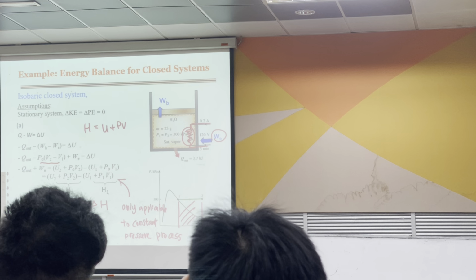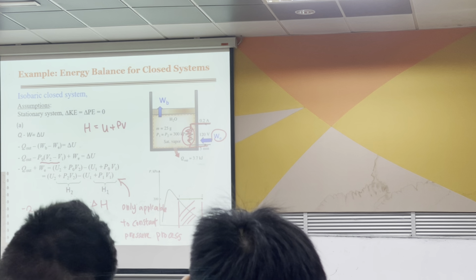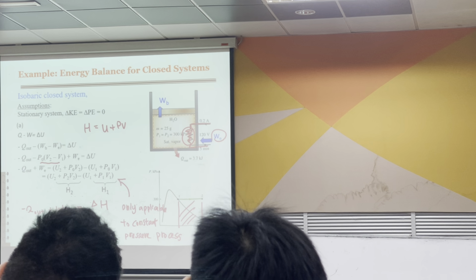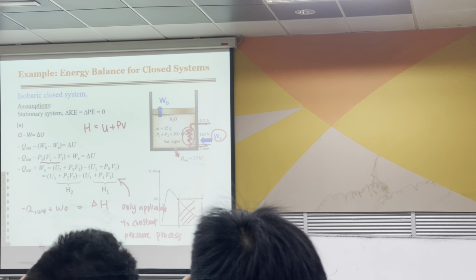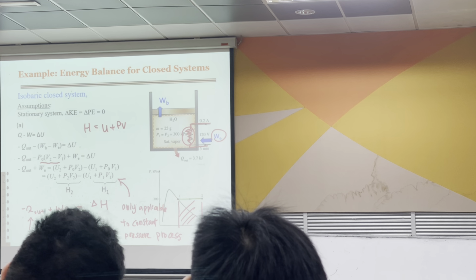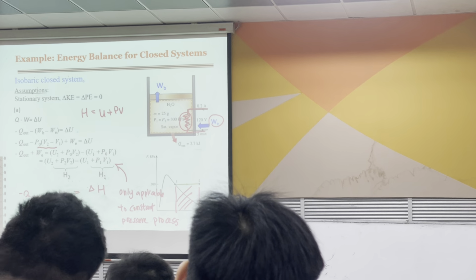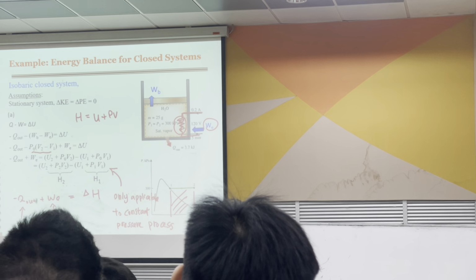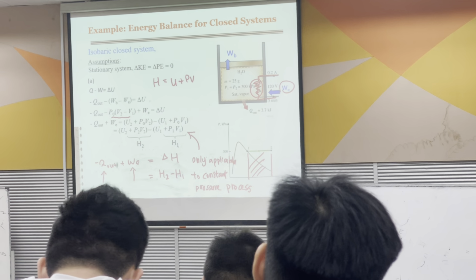Let me see what my method is. Let's say we use this method: negative Q out plus WE equals delta H. We have this value given by the question, and we just found the electric work value. So here we have H2 minus H1.